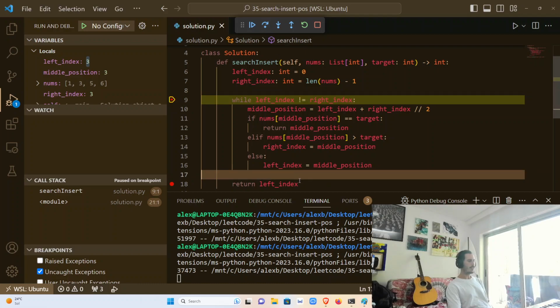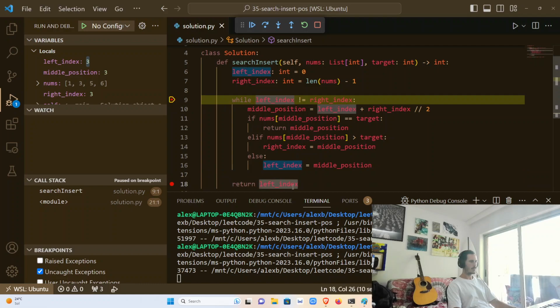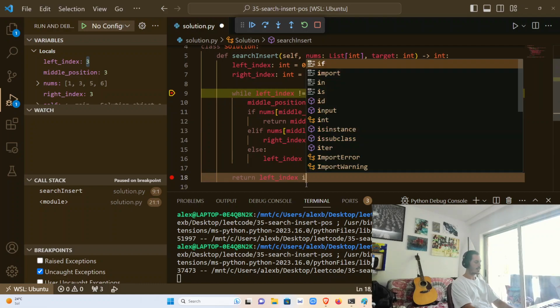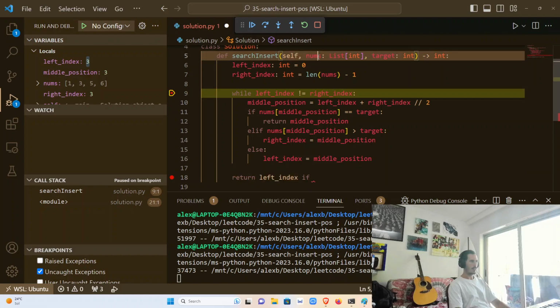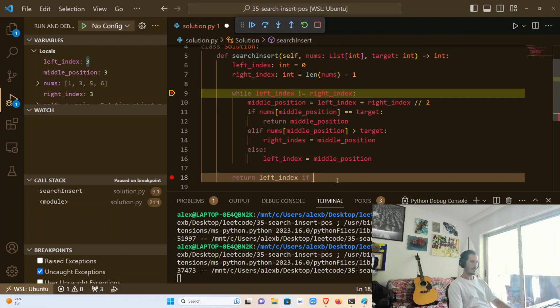Okay, I feel like this is the moment where we don't really know if it should be to the left or to the right. So return left index if nums of left index is smaller than target.